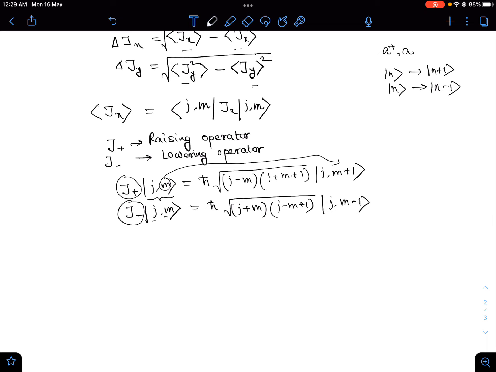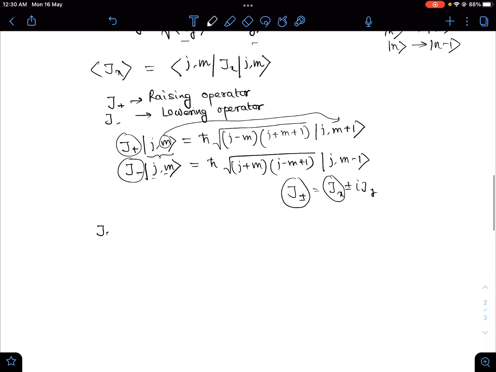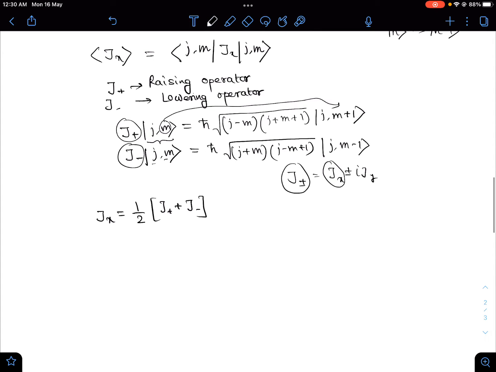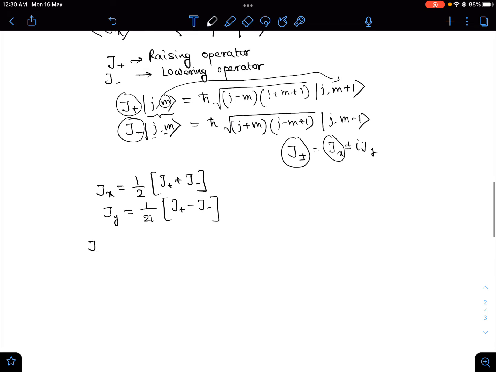These raising and lowering operators are defined as Jx plus or minus iJy. So we can write Jx in terms of them. Jx will be half of (J plus plus J minus), and Jy will be 1/2i (J plus minus J minus). What will we get if we operate Jx on |jm⟩?